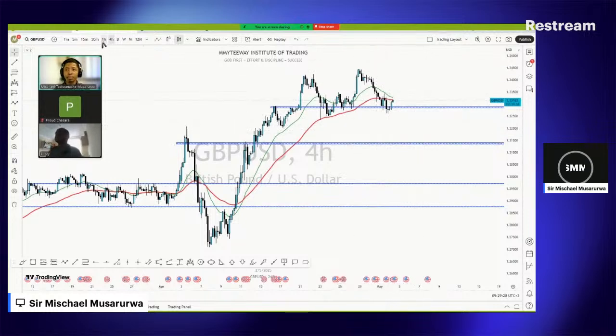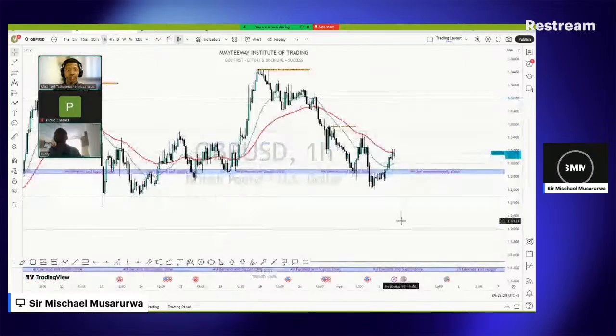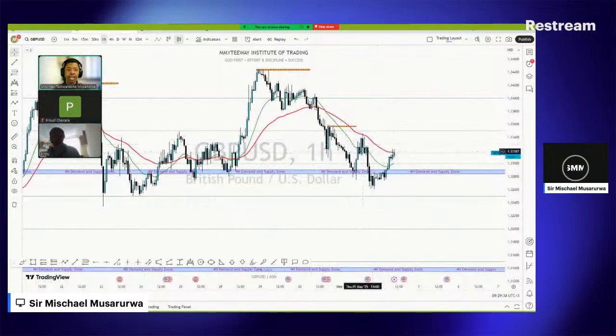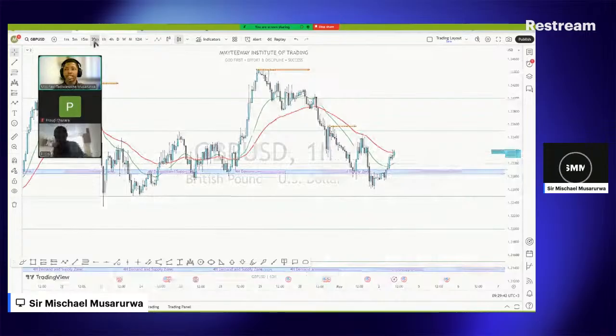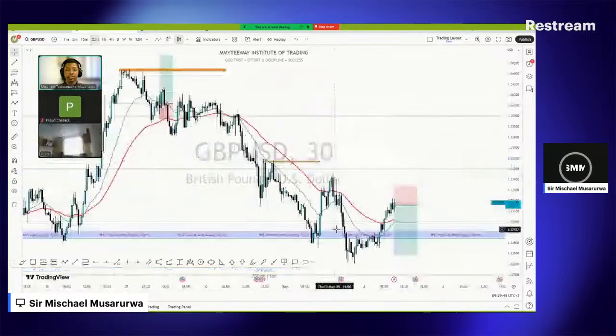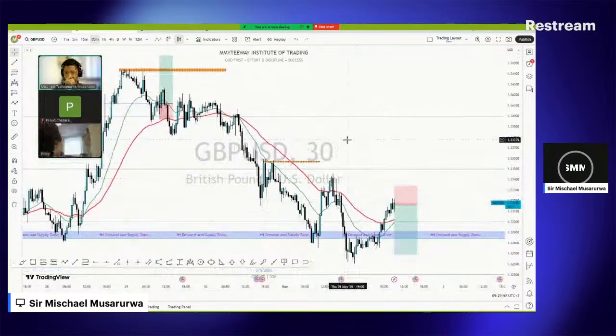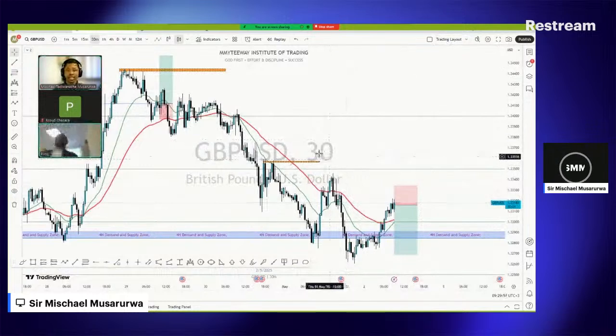But going now to the 1 hour, the slower moving average is now above the faster moving average, a potential downward momentum, and the same applies in the 30 minutes. So this is how I detect my bias, or a daily bias for a particular session.